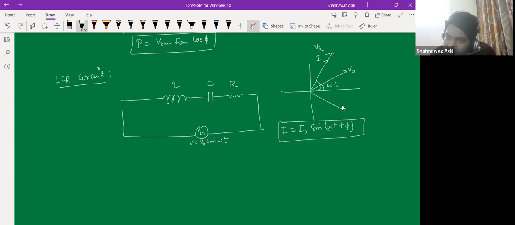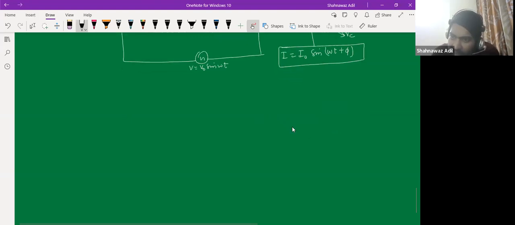Remember that this is VC and this is VL, and if we take this VL on this side, the diagram becomes VC minus VL, and then this diagram is VR, right?